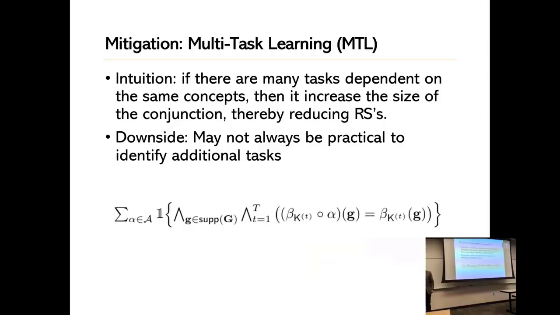Okay, so the first is with multitask work. The idea is that if you have a set of concepts and they're used for multiple tasks, then that effectively functions as additional constraints. And you see what happens here. You now have the conjunction on the inside of the first one that is over T tasks.